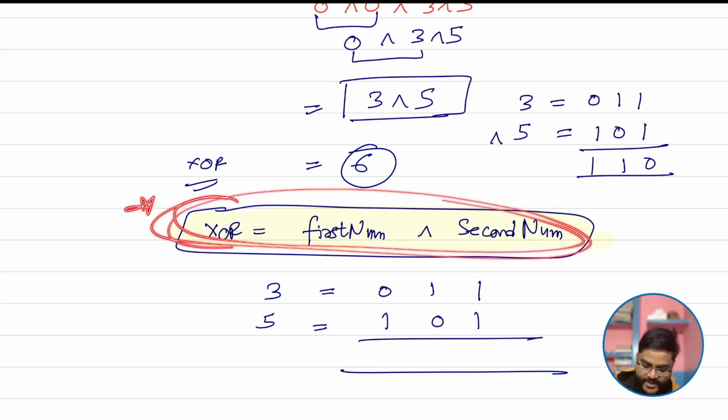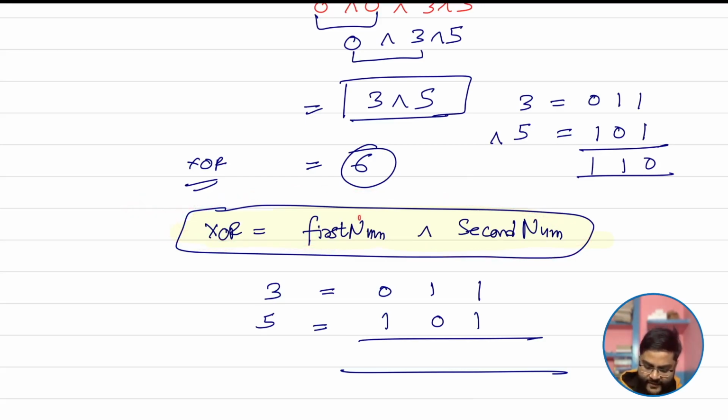If I can find any one of the numbers, I can find the other: the second number equals XOR of the first number. So if I find 3, I can find 5, and if I find 5, I can find 3. The thing is, I want to find any one of these numbers.